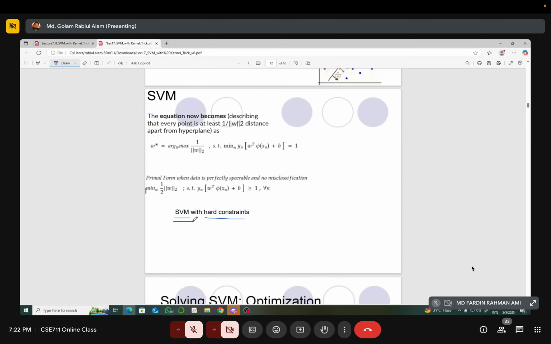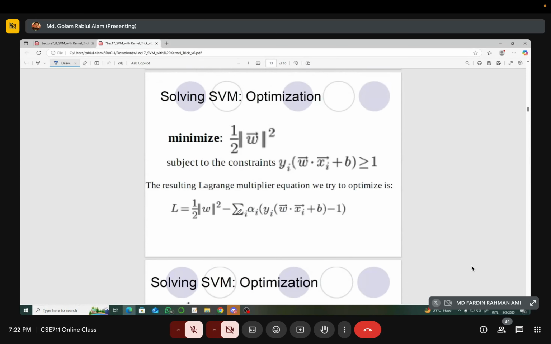So in this support vector machine hard constraints equation are the optimization problem. We have the objective function and also we have the constraints. In our last class we have discussed about that.